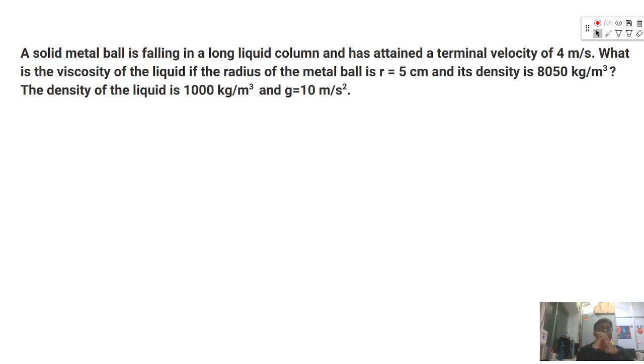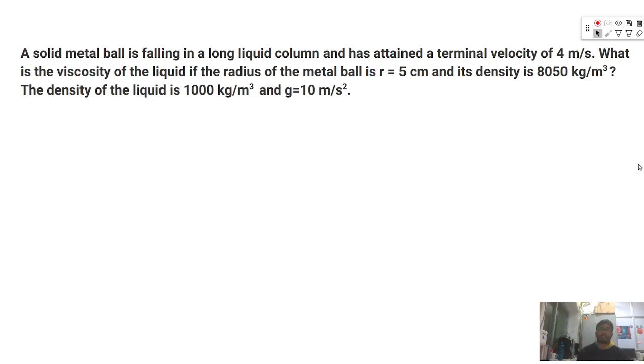What is the viscosity of the liquid if the radius of the metal ball is r equals 5 centimeter and its density is 8050 kg per meter cube? Now the density of the liquid is given as 1000 kg per meter cube and the gravitational acceleration is 10 meter per second squared. So the question is asking for the viscosity of the liquid.